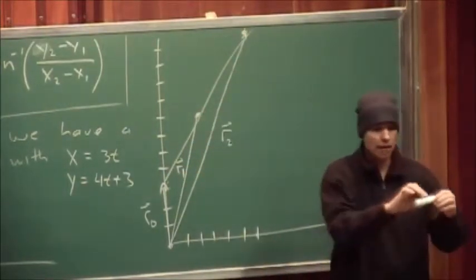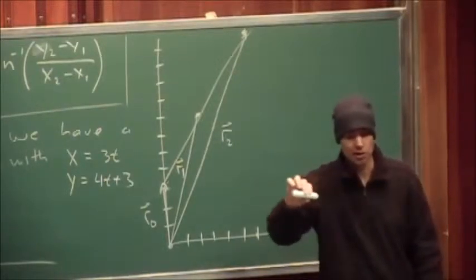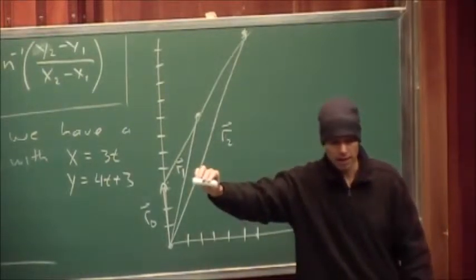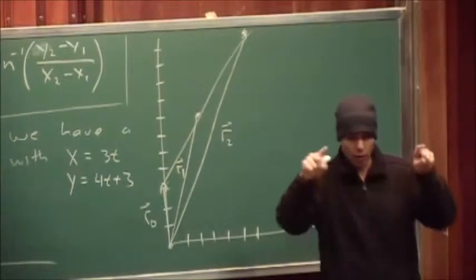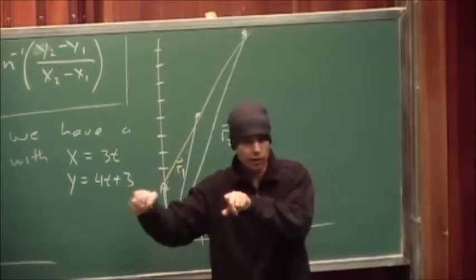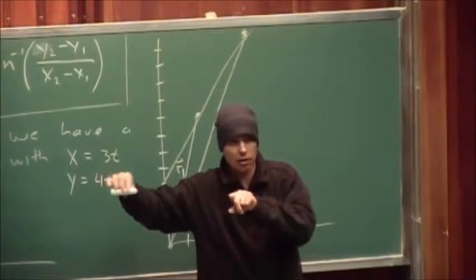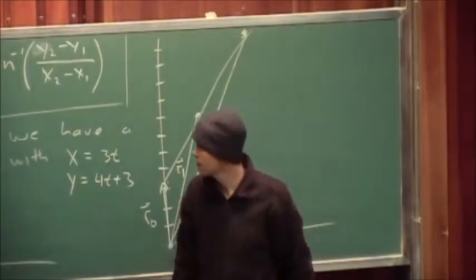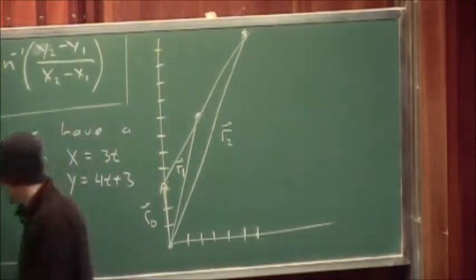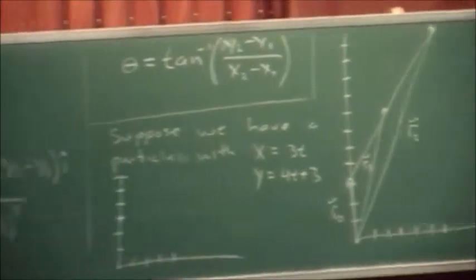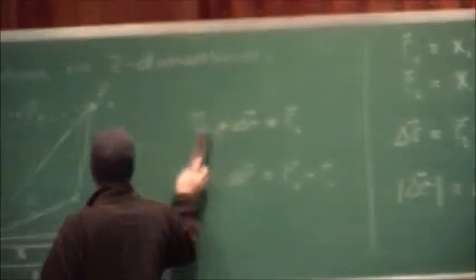It's like saying, if I have this piece of chalk moving at a constant speed along this line, then for every 1 second interval, it's going to move the same amount. It's going to propagate the same distance. Okay? Questions?